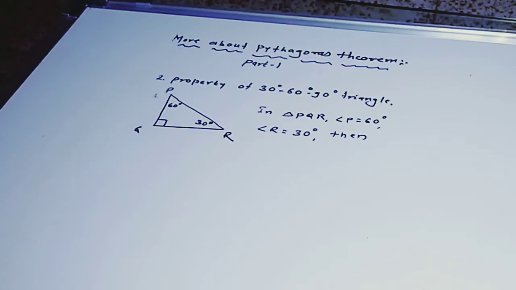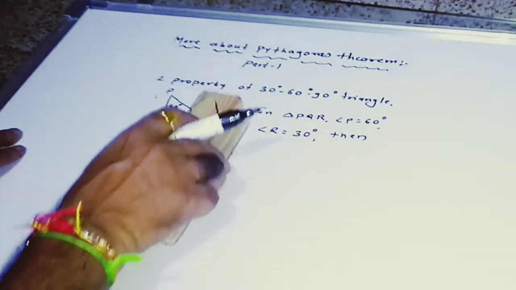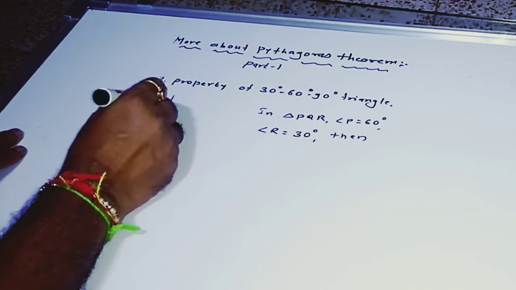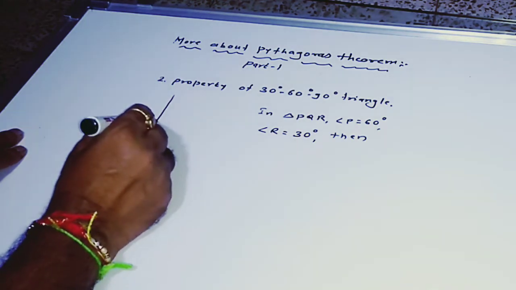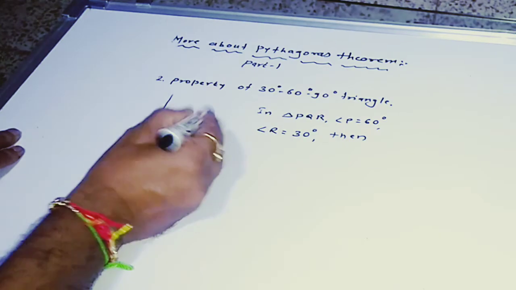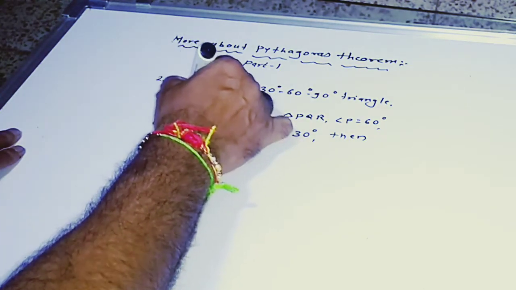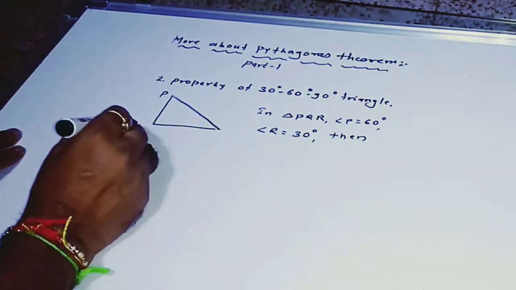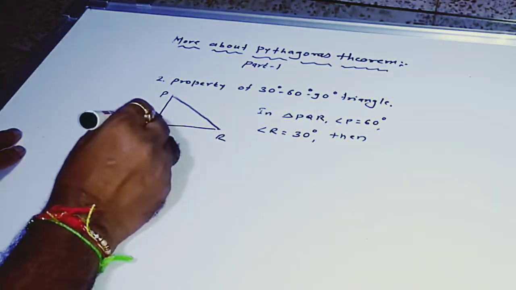the second property, that is the property of the 30 degree, 60 degree and 90 degree triangle. So now here, considering one triangle, that is PQR.